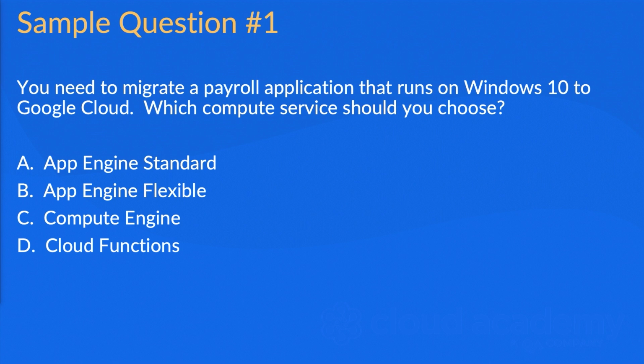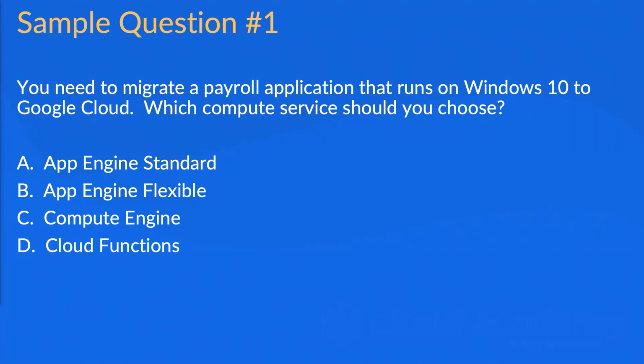So right away, that gives you a pretty good idea that you should probably be leaning towards Compute Engine. App Engine can technically run Windows 10 containers. So it's theoretically possible you could take this payroll application, convert it to a Windows 10 container, and run it on App Engine. However, that's probably going a little bit deeper than what they were expecting.